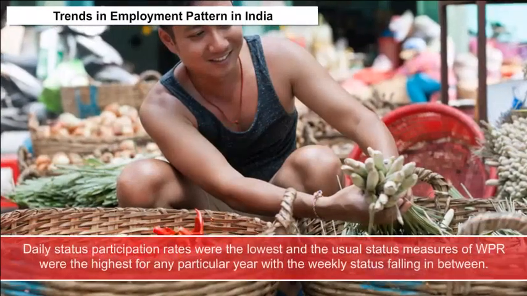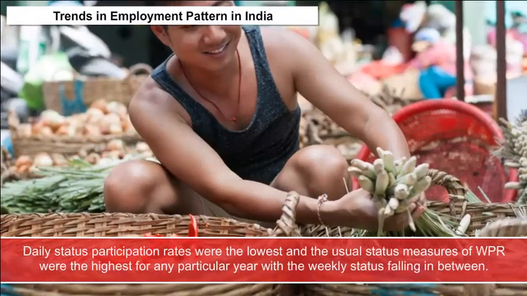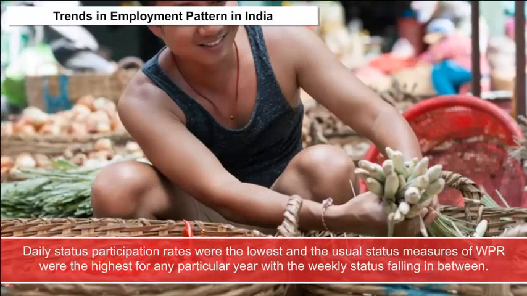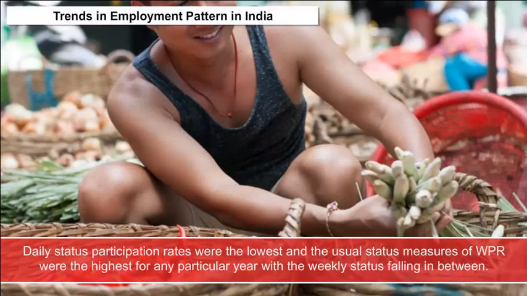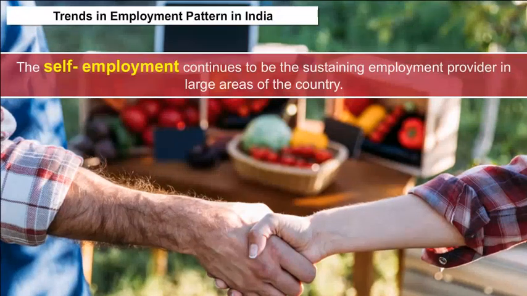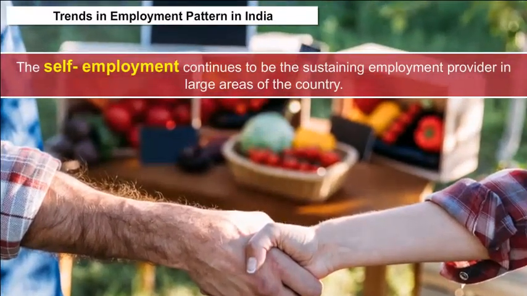Secondly, the daily status participation rates were the lowest and the usual status measures of WPR were the highest for any particular year, with the weekly status falling in between. Thus, self-employment continues to be the sustaining employment provider in large areas of the country.